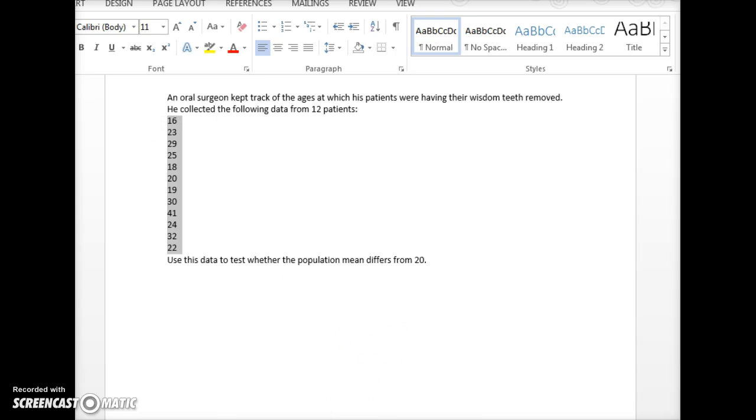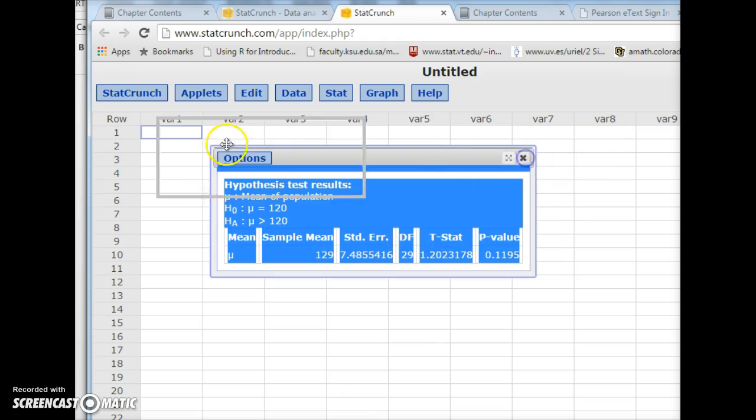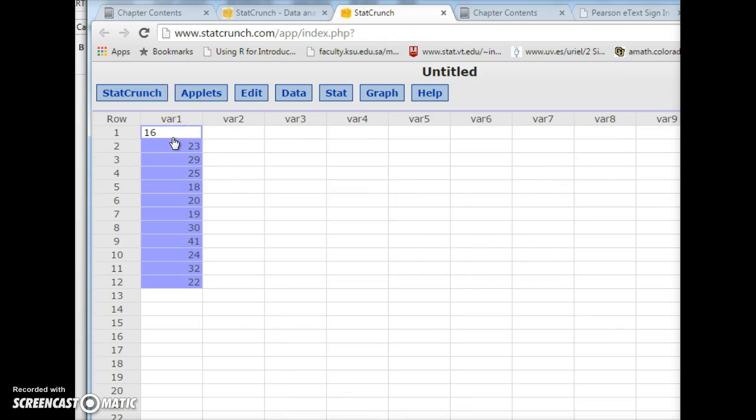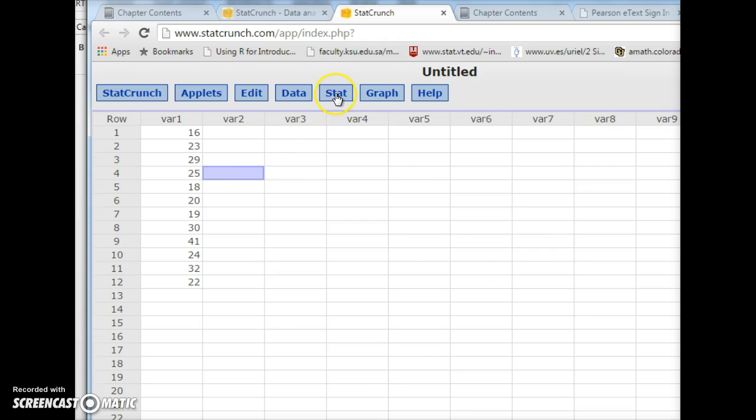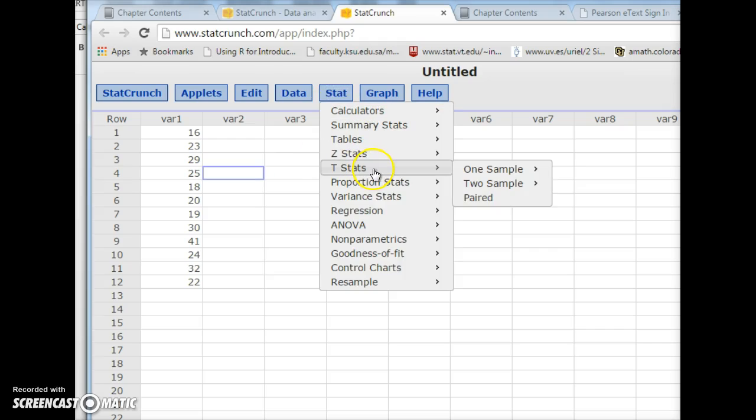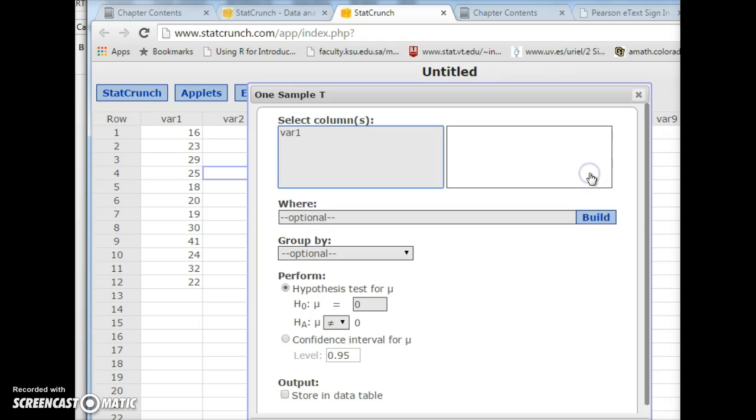Let's copy the data, go to StatCrunch, and paste the data. Then we go to Stat, and this is a t-test since we're not given the population standard deviation, so it comes from the sample. So One Sample, with Data this time.